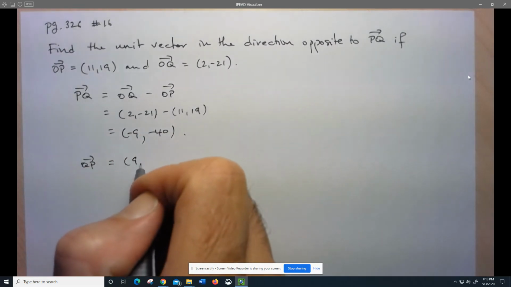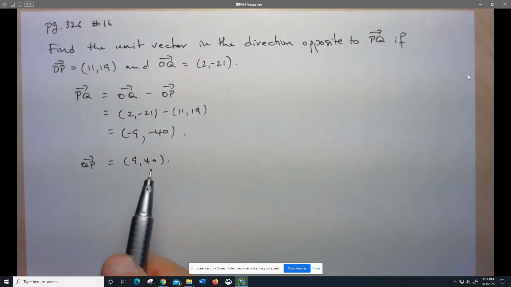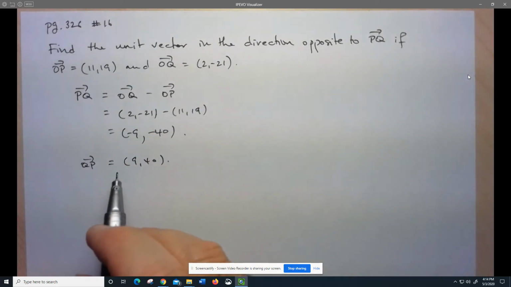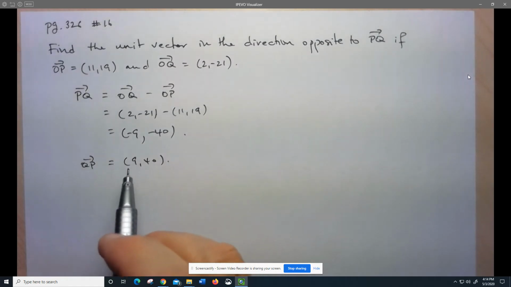So that's (9, 40). But now we need to go further because we want the unit vector in this direction. The way in which we find a unit vector in the direction of a given vector is by dividing by its magnitude.